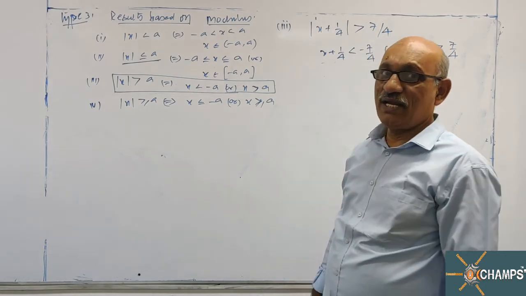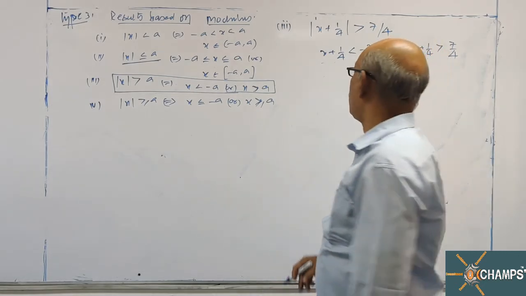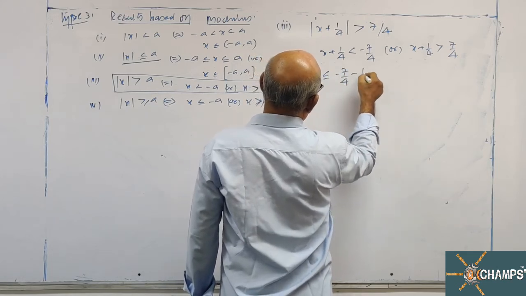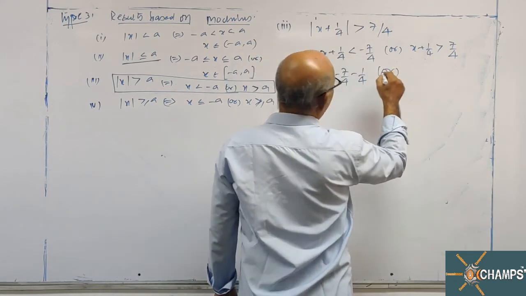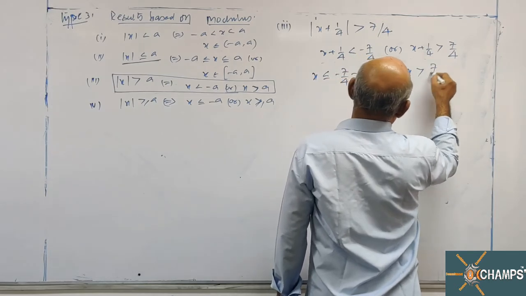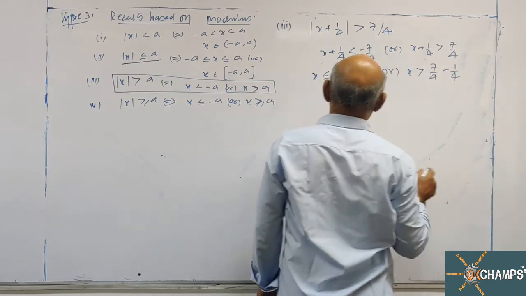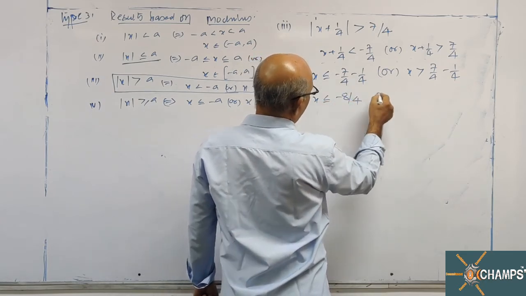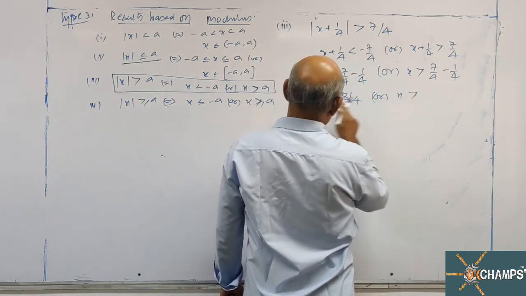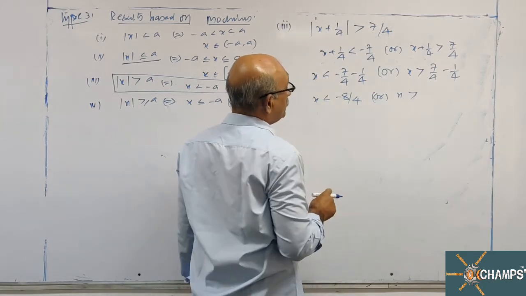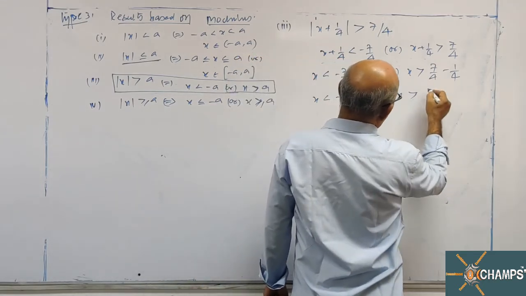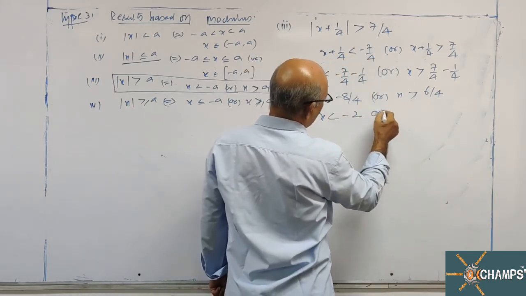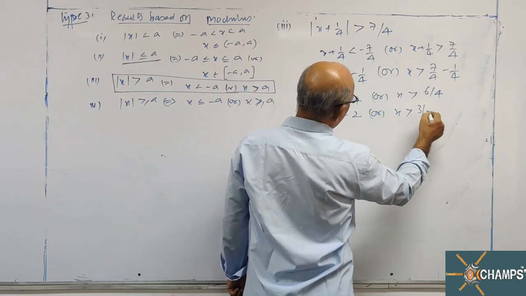So x is less than minus 7 by 4 minus 1 by 4, or x is greater than 7 by 4 minus 1 by 4. x is less than minus 8 by 4, or x is greater than 6 by 4. So x is less than minus 2 or x is greater than 3 by 2.